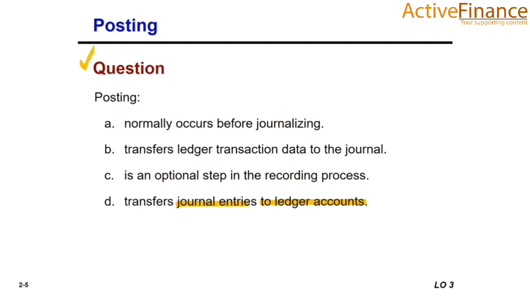So the right answer is D. Are you sure? Let's see which answer is correct. Oh, very nice, we are correct. Posting is the transfer of general entries to the general account.